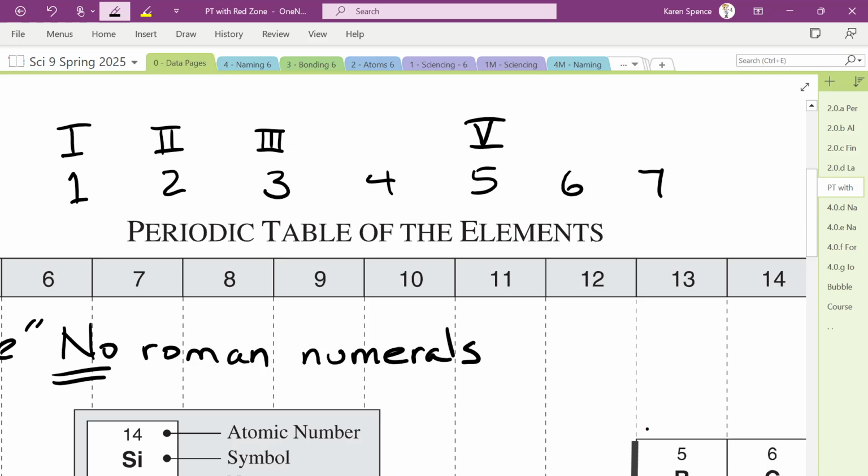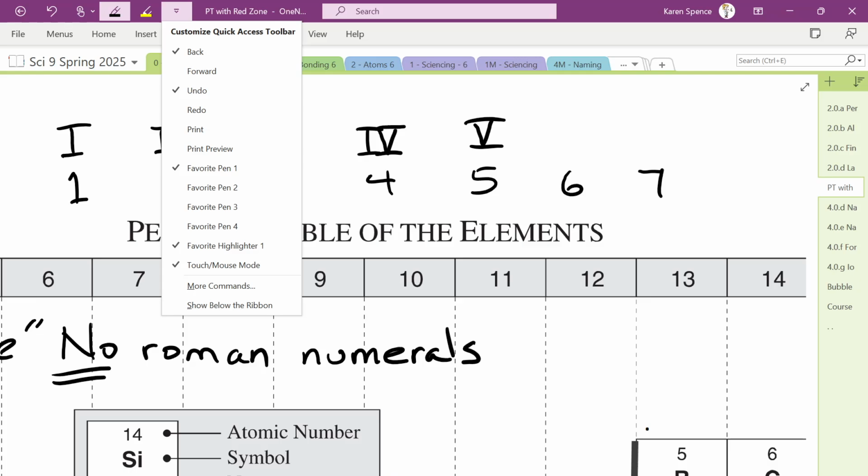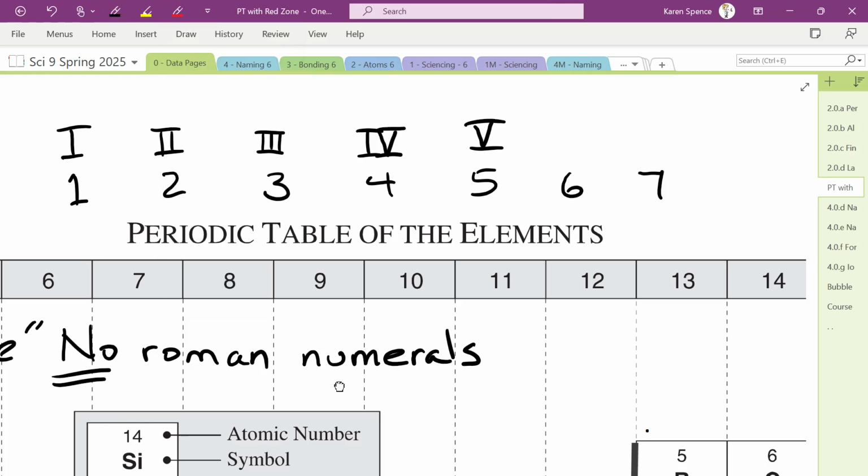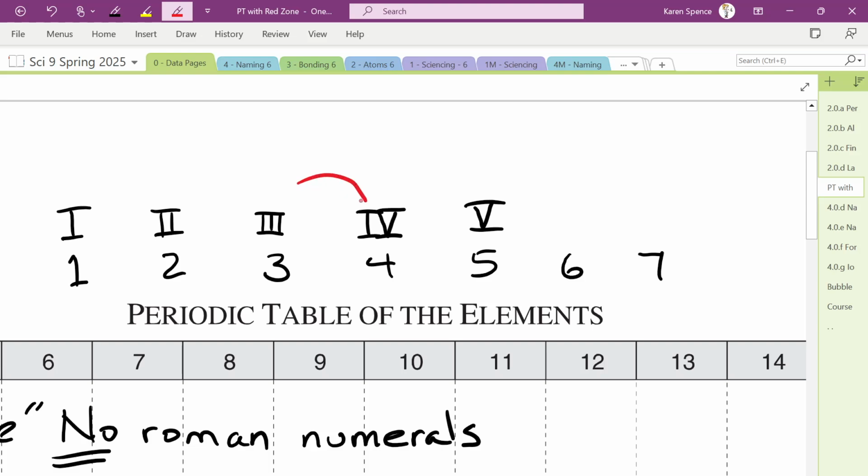Now, sometimes people get 4 and 6 mixed up, but 4 is 1 before 5. Okay, so we got 1 before 5. And then 6, what do you think 6 would be?